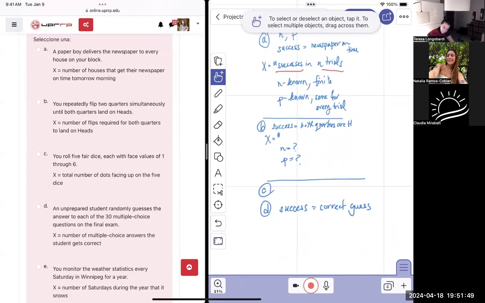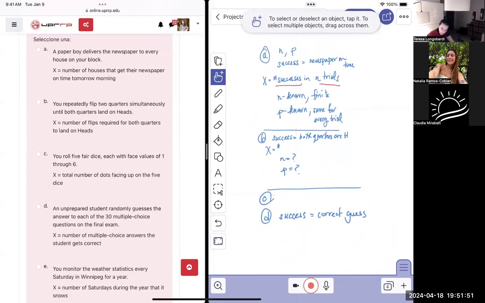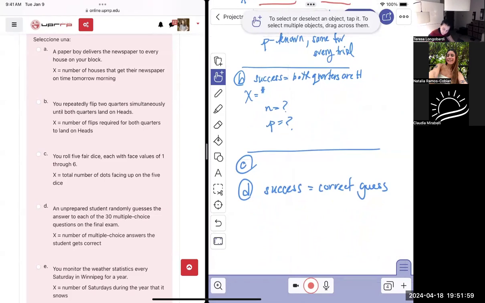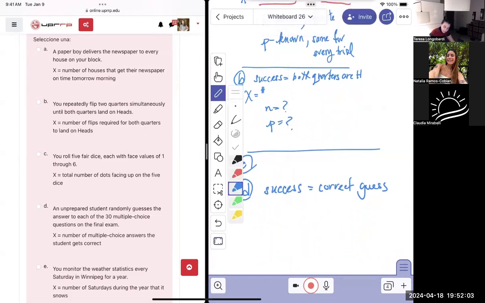So for the correct guess, could we know N? Could we know P? Well, N is 30, so you're going to try 30 times to guess.